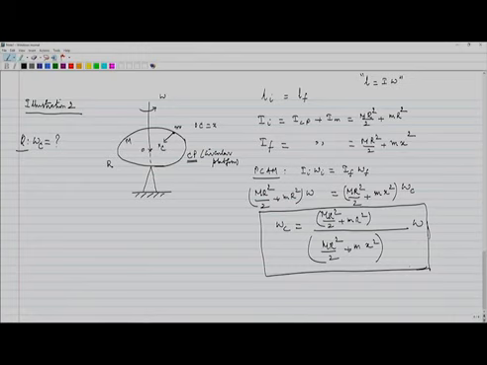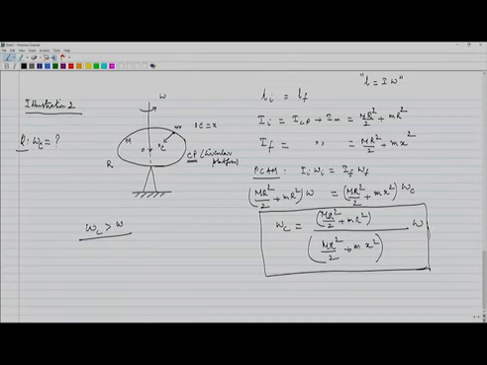Okay, now it is clear that omega C is greater than omega. That is because, look at this numerator and denominator. In the denominator, you are having a smaller quantity x squared here. Therefore, omega C is going to be greater than omega. What does it mean?